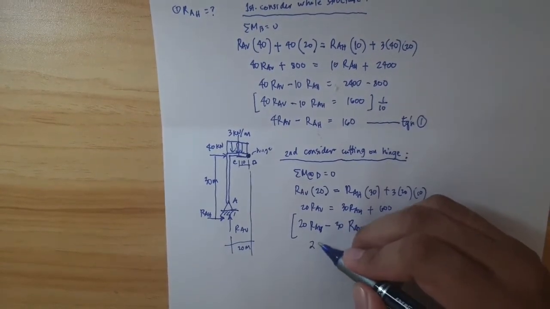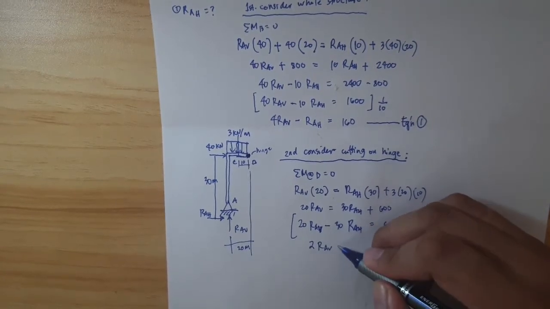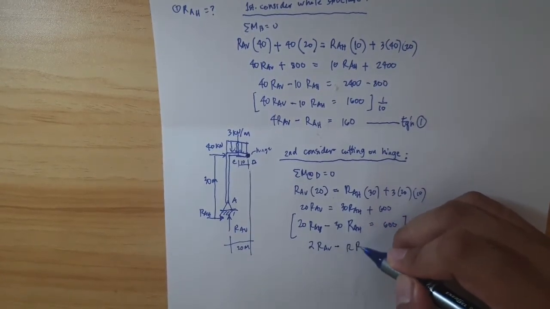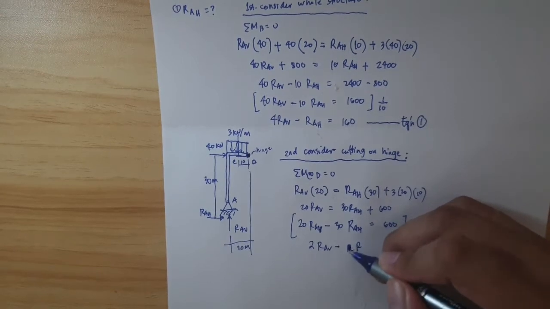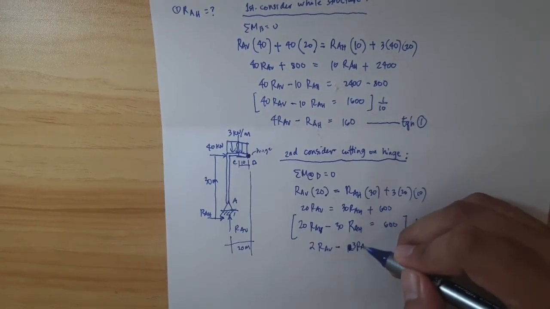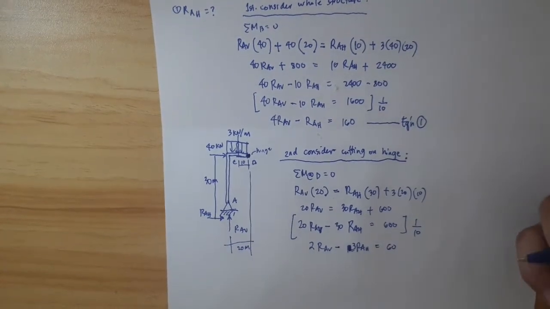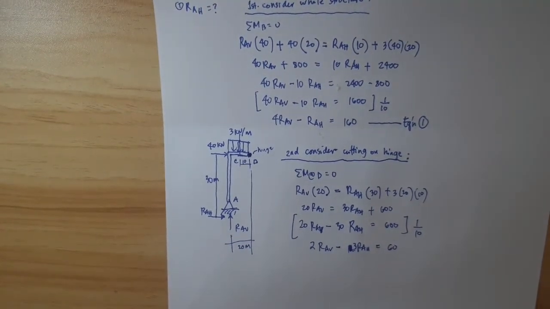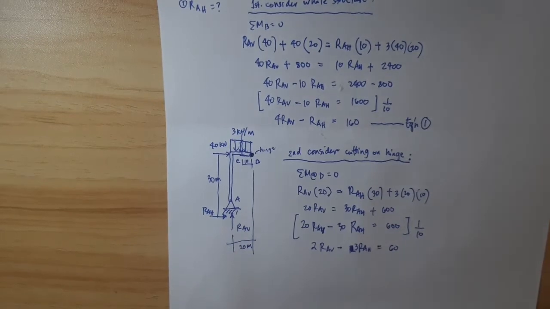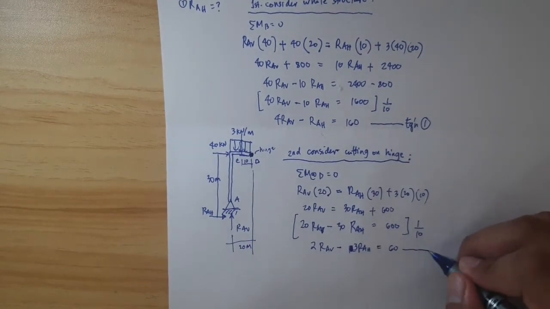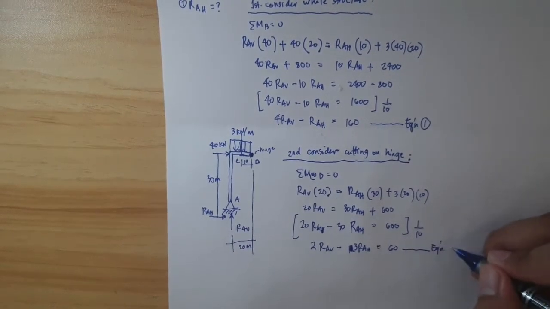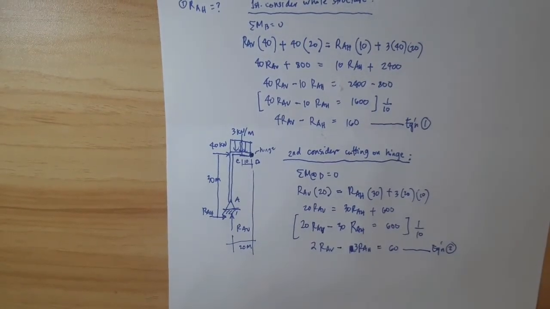So we have 2 RAV minus 3 RAH equal to 60. Okay. So we now have equation 2. So naa kay 2 unknowns, 2 equation.